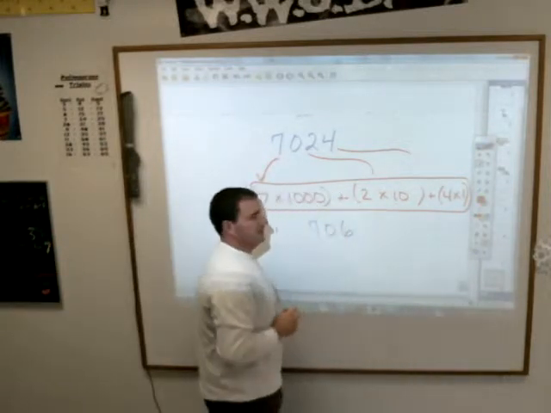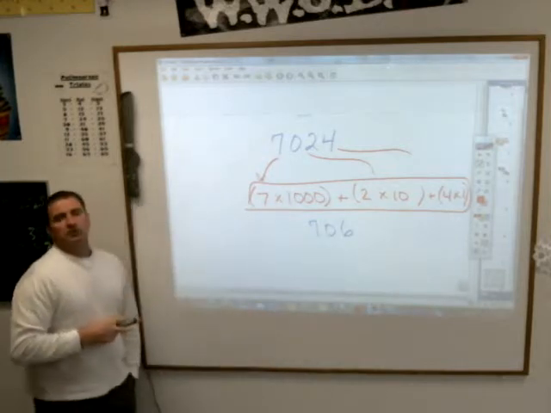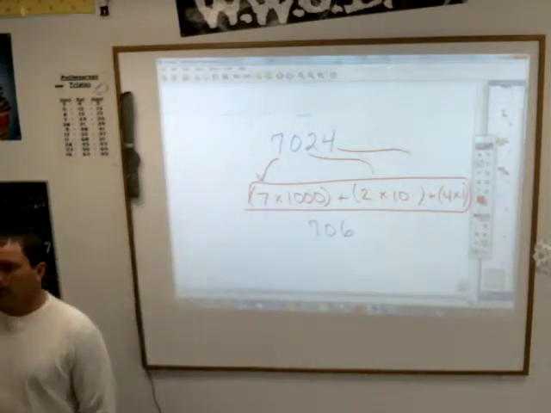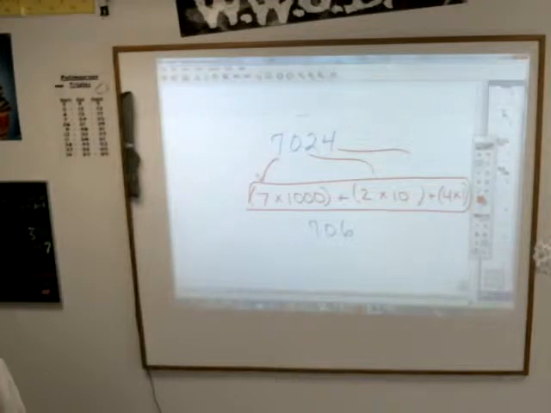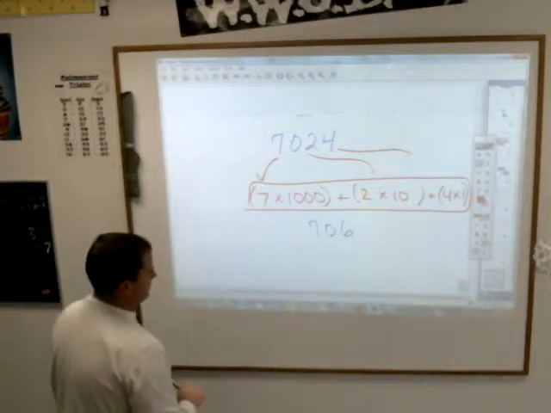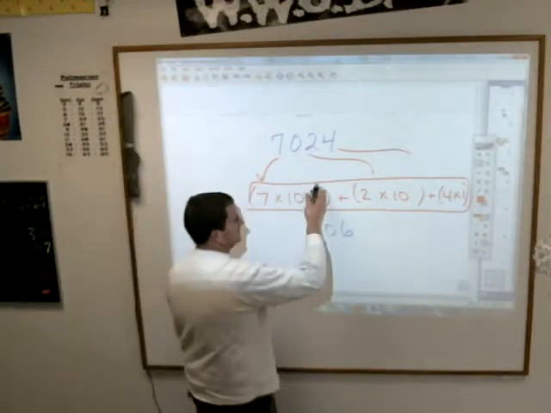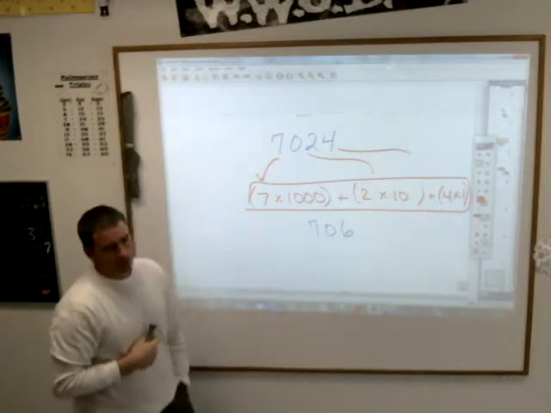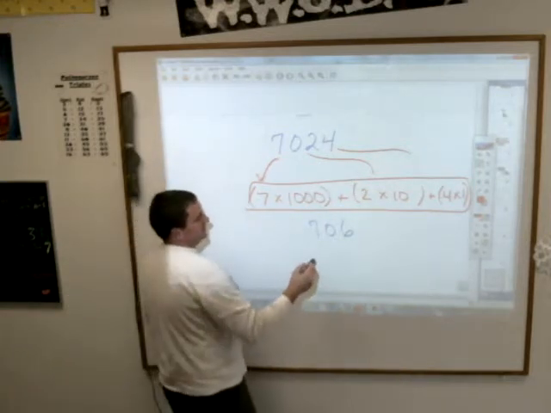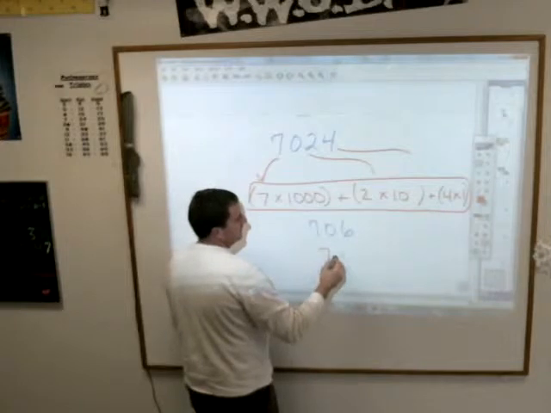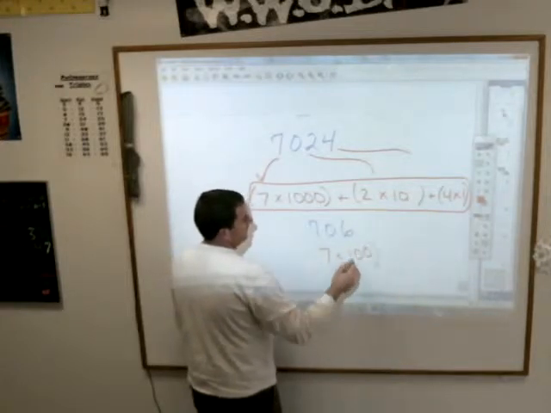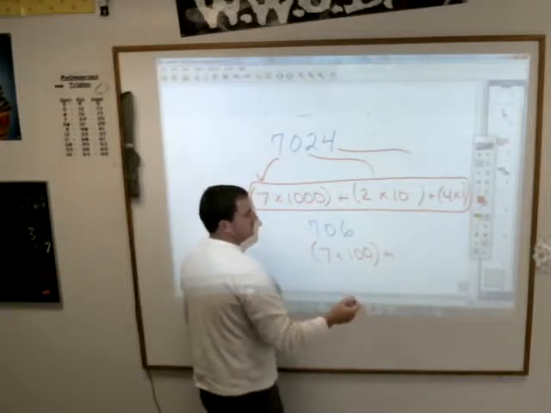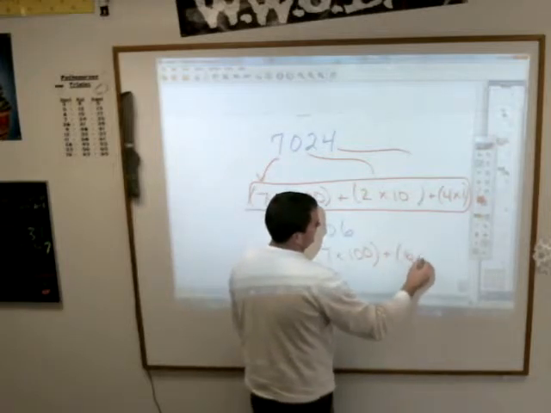And again, this is a good one to have examples in your notes because you say this is easy now, but in another week, I'll give you a quiz and you'll go, I don't know what expanded notation is. So all you need to do is see an example of it. It's pretty clear what it is. Jacob, what is 706? 7 times 100, plus 6 times 1.